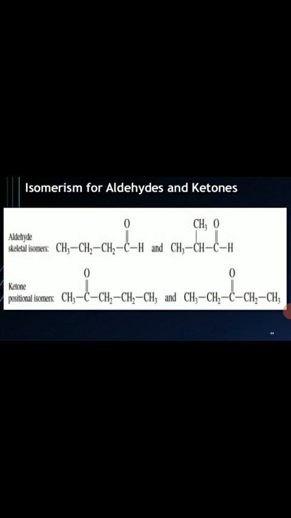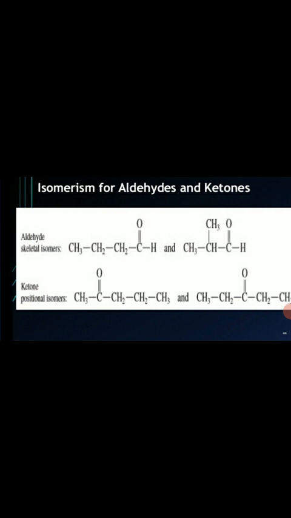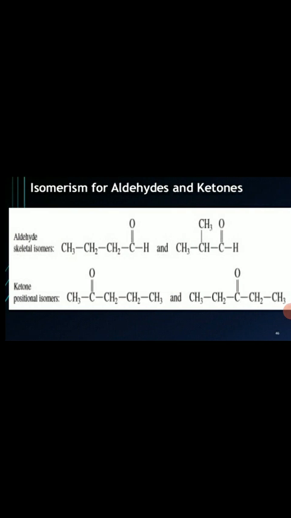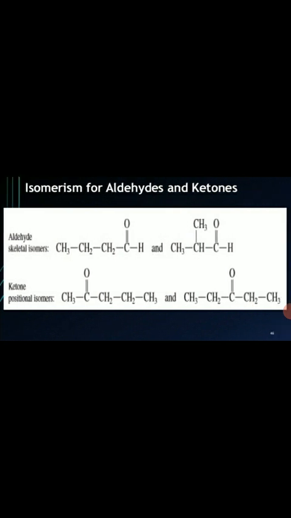Now here you can see the aldehyde skeletal isomers: CH3CH2CH2CHO, and the other one is CH3CH having the substituent CH3 and CHO. Similarly, ketones will show position isomerism, right? Now as I said, aldehydes and ketones will be functional isomers of one another. So what are the isomers shown by aldehydes and ketones?